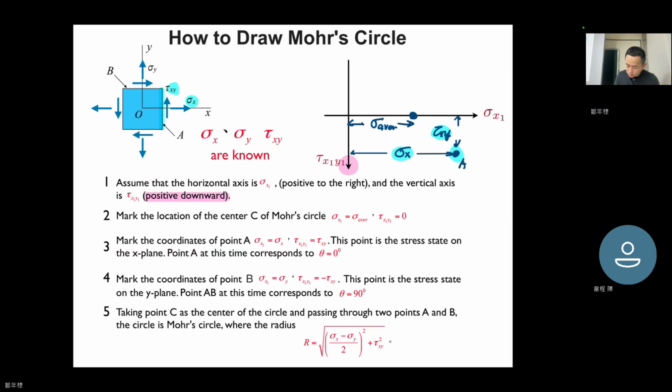Okay, now you get this, and you need to make another point B. The point B here is this one. Plane B, okay, plane B.